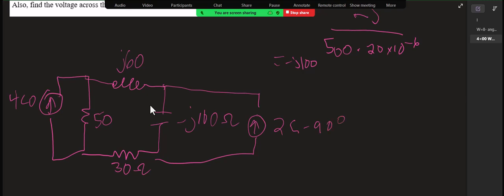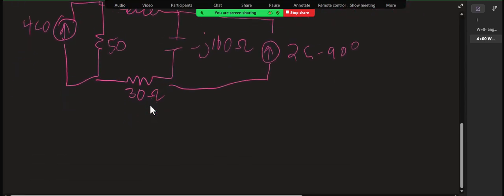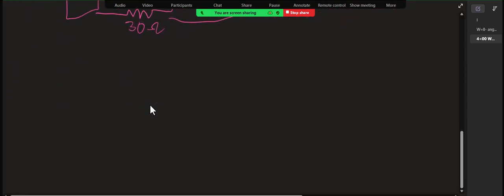Now, if you look at what we have here, our elements are not in series and they're not in parallel. But there's an easy way to fix that, and that is with source transformation. And I understand that a lot of you aren't real comfortable with source transformation, so let me just explain how you do it. This is kind of an aside.